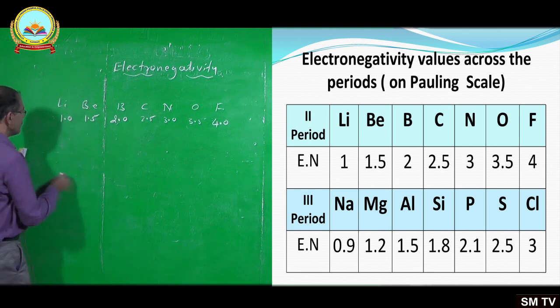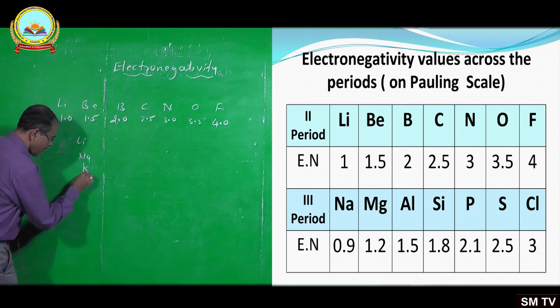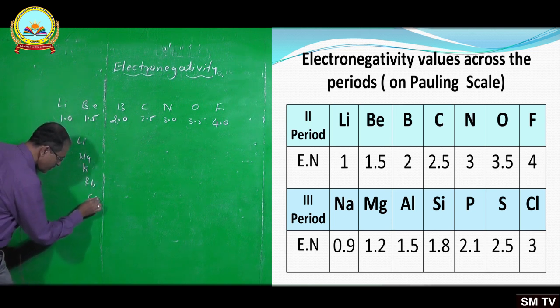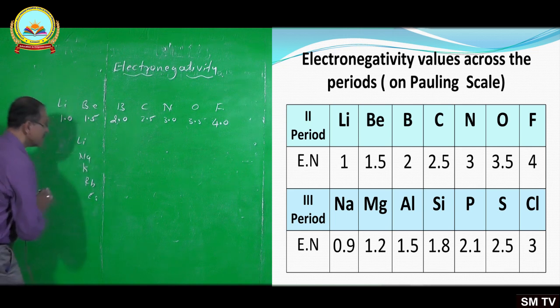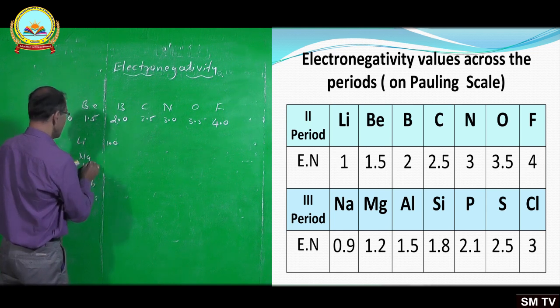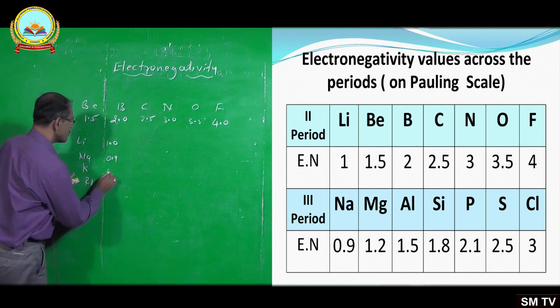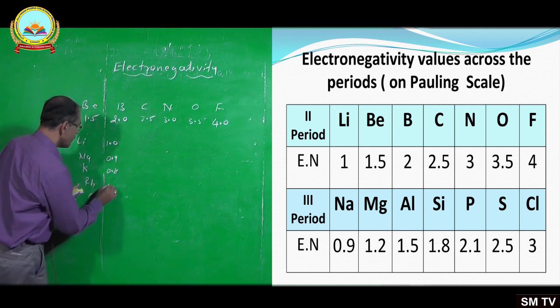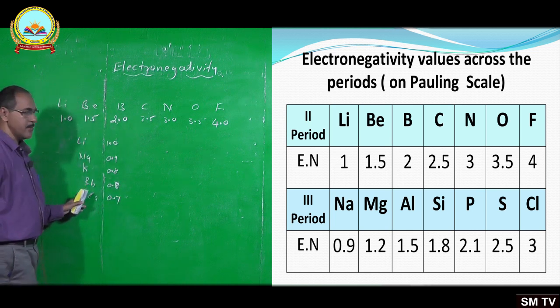If you go down: lithium, sodium, potassium, rubidium, cesium. Lithium value is 1.0, sodium 0.9, potassium 0.8, rubidium 0.8, cesium 0.7.